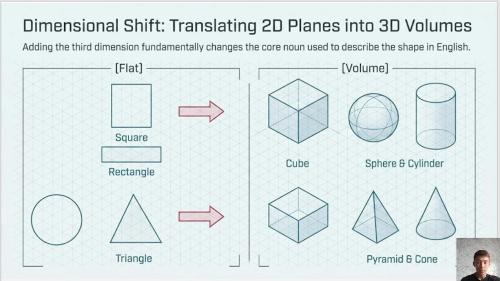And in the second half of the slide, we can see the volumes. The first half is 2D, and the second half is 3D. We can say cube, sphere, cylinder, pyramid, and cone.